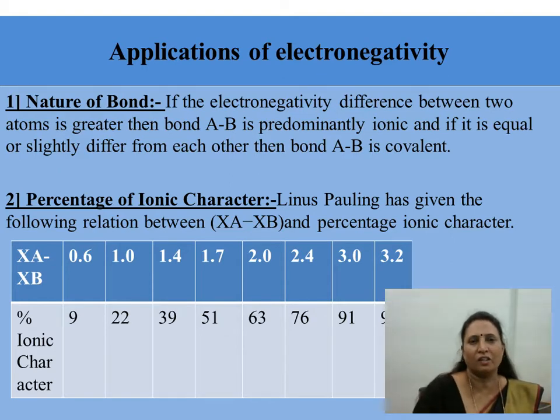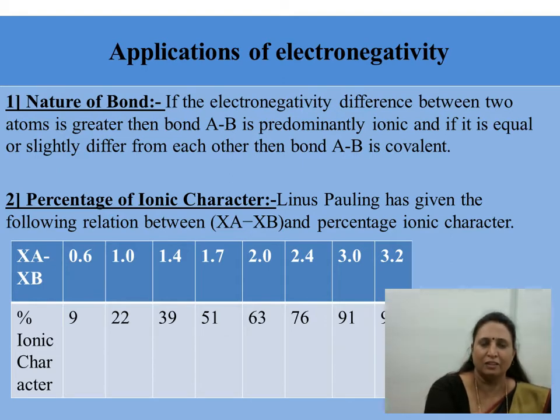The second application of electronegativity is the percentage of ionic character. The percentage of ionic character was given by the scientist Pauling. By using Pauling's electronegativity scale, he gave the relationship between the percentage of ionic character and the bond nature.